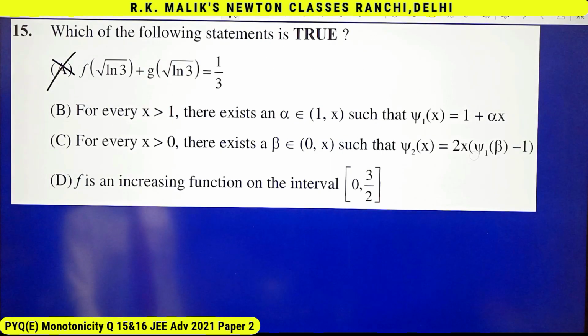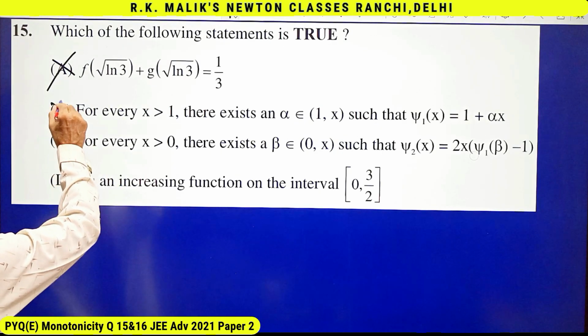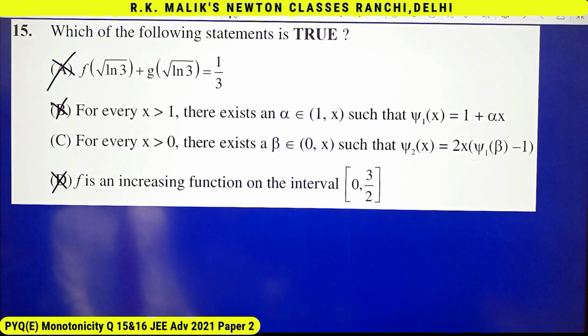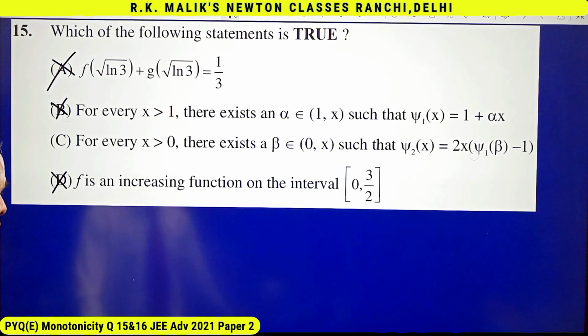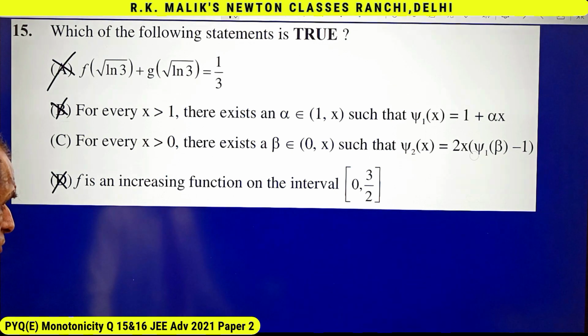I have got the conclusion so far that B is wrong, D is wrong. Hence, obviously, C becomes the correct choice. But still, for clarity purpose, I'll be giving you the solution of C part also.